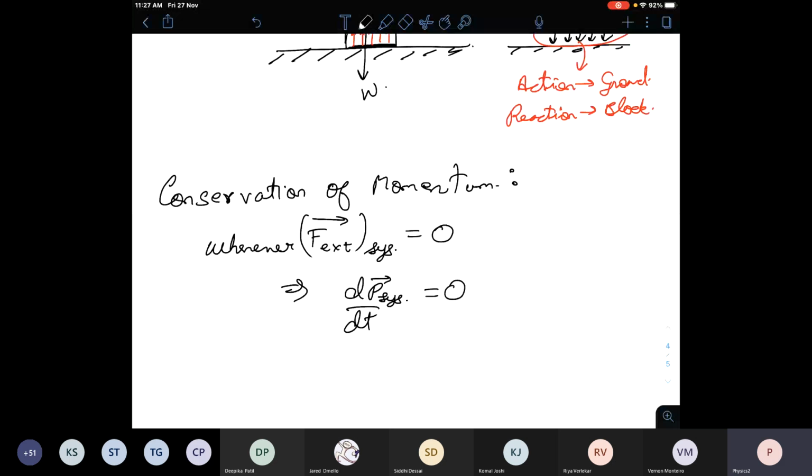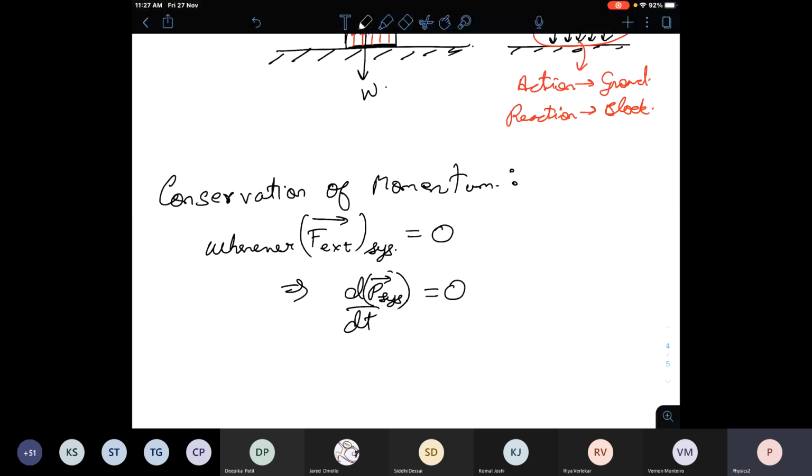Now think of it in the form of differentiation. When will the differentiation of some term become zero? When it is constant. Since here we are differentiating momentum, if the momentum becomes a constant value, then its differentiation will be zero.